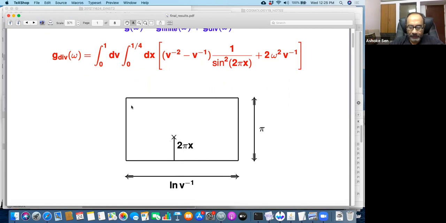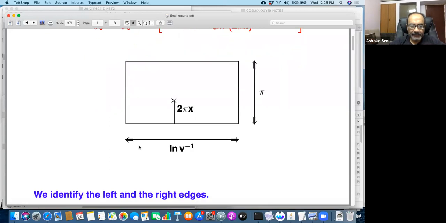So what BRY used is that they took this picture of the annulus, they take a rectangle, the width is fixed to be pi, and the length of the rectangle taken to be log of V inverse. Okay, that's what defines V. So V goes to 0 corresponds to a long rectangle. And then we identify the left and the right edges. Okay, that's what makes it into an annulus.